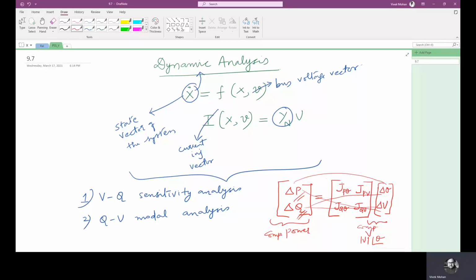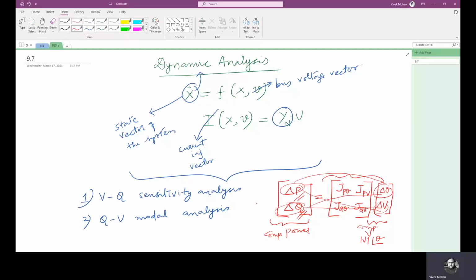So this Jacobian gives the sensitivity of these variables with respect to the variables in the LHS or vice versa. So that is the importance of the Jacobian, just like what we do with the Newton-Raphson load flow analysis.